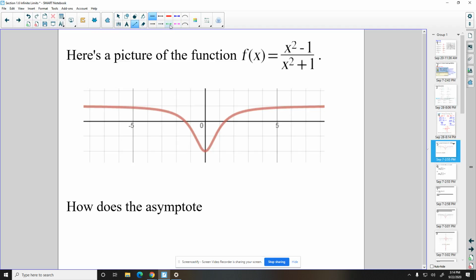So I'm going to get my dotted line drawing here, and I'm going to draw an asymptote right here. You might want to do that on your paper as well. There is an asymptote, but a horizontal asymptote occurring in this function, okay? And it looks like it is right around y equals 1.